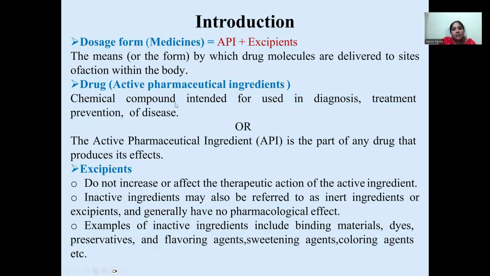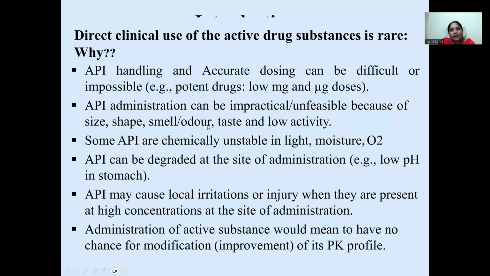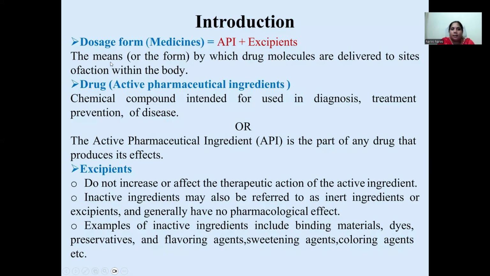In this, the drug is the main part of the dosage form. That is the disease curing part of the dosage form. So drug is nothing but a chemical compound. It is not only used for the treatment, but is also used for the diagnosis and prevention of the disease.